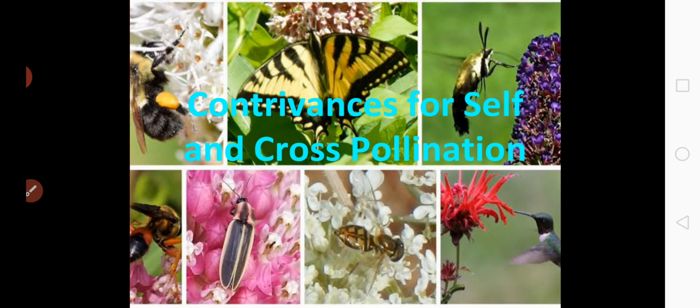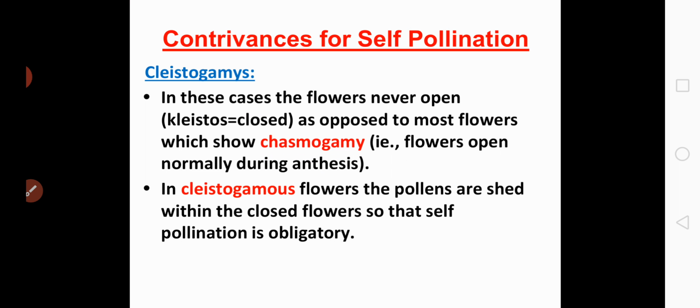Coming to the topic, contrivances are the devices or tools which promote self and cross pollination. Coming to the first point, contrivances for self pollination. Under self pollination, there are two devices: cleistogamy and homogamy.